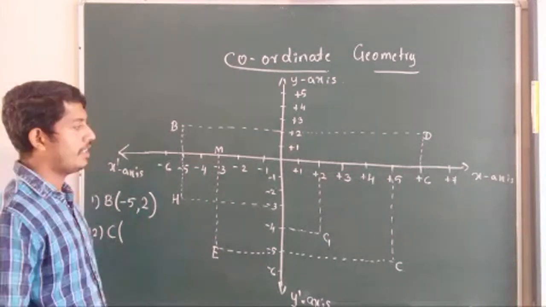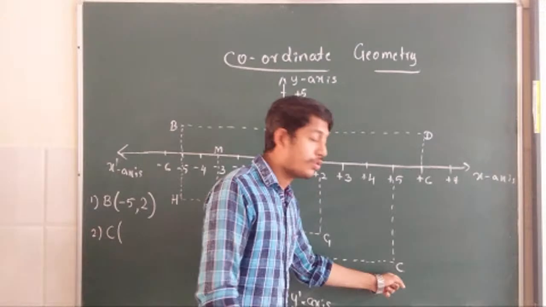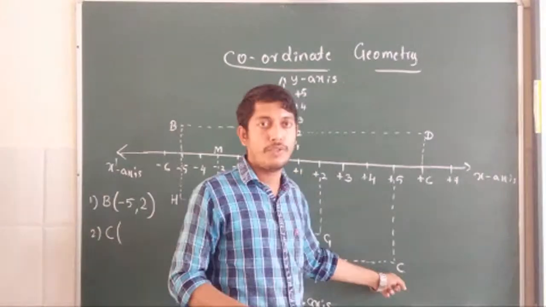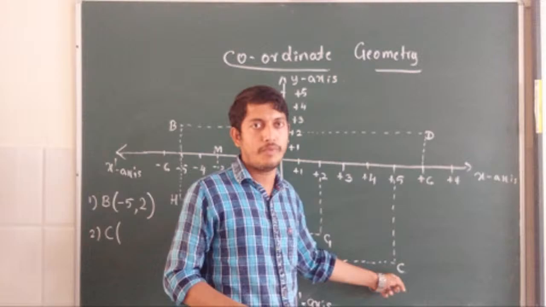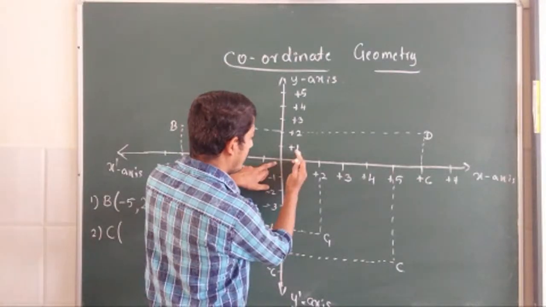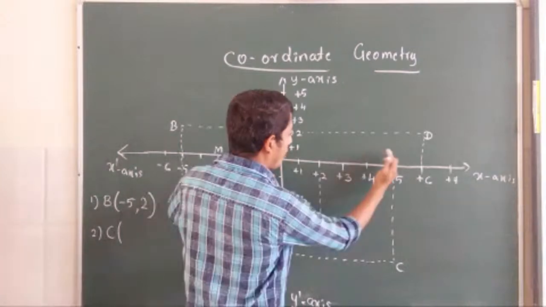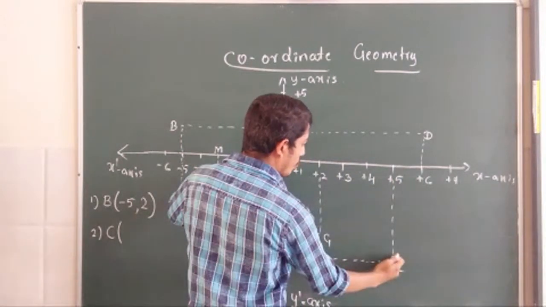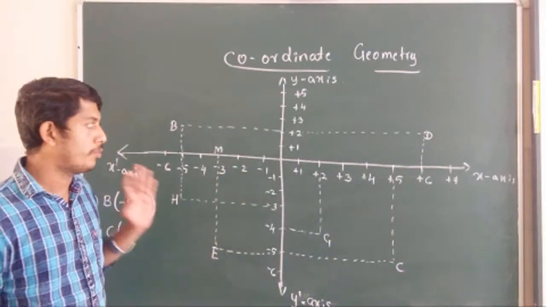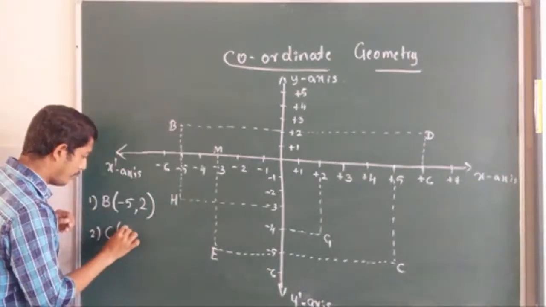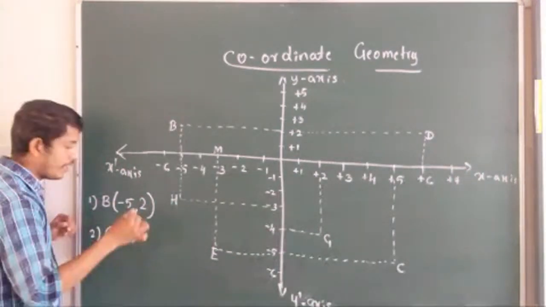Point C is here, so from the origin, 1, 2, 3, 4, 5. It has traveled a total distance of plus 5 from the origin. Plus 5. Then we have to see the y value.